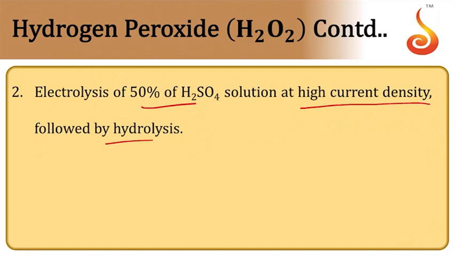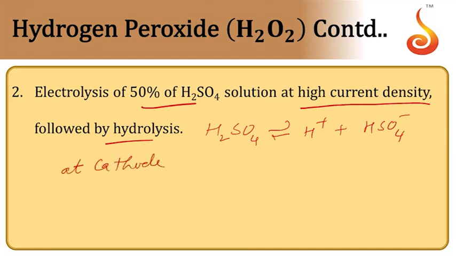In the first step, H2SO4 ionizes to give us H+ and HSO4-, bisulfate anions. H+ ions are being formed. Now at the cathode, H+ ions move towards the cathode. It requires 2 electrons, undergoes reduction, and liberation of H2 gas takes place.